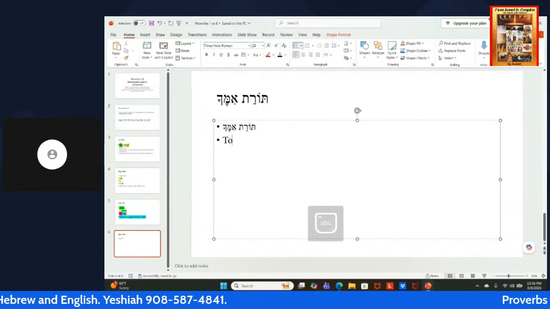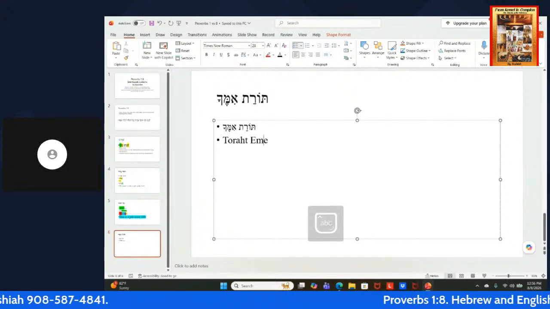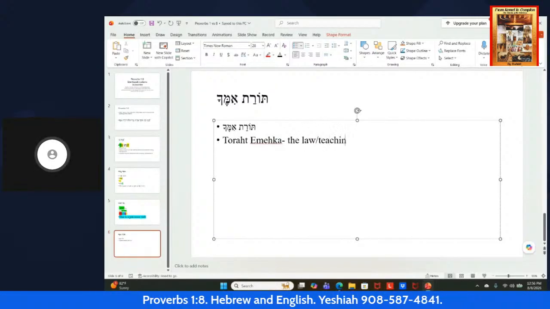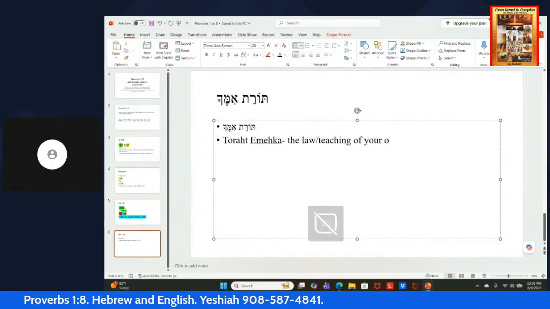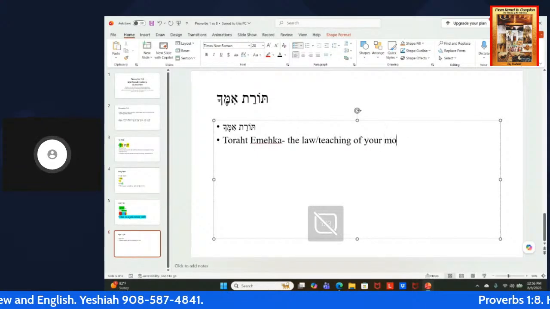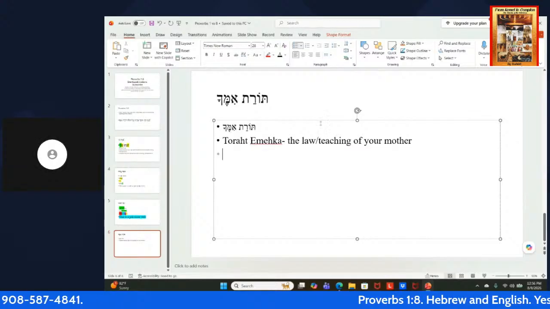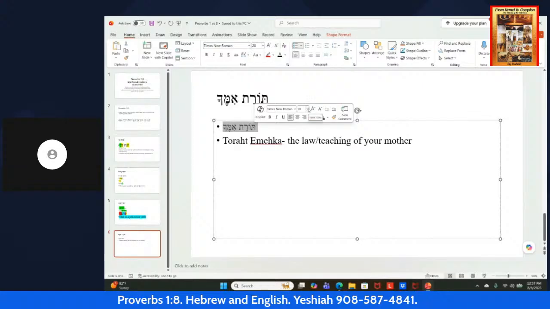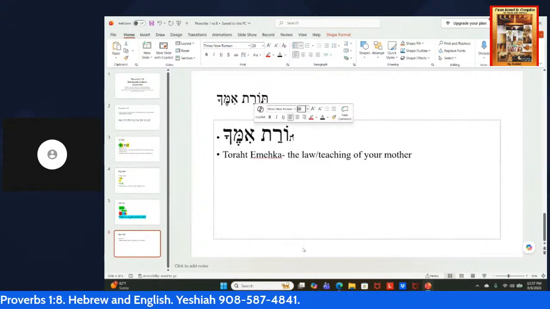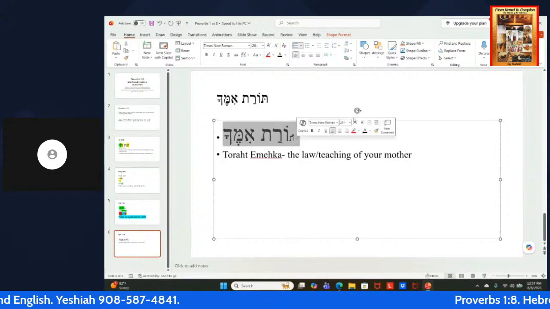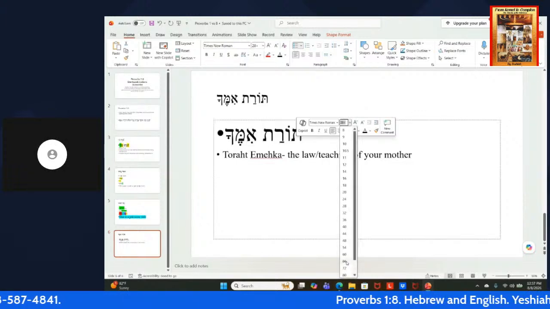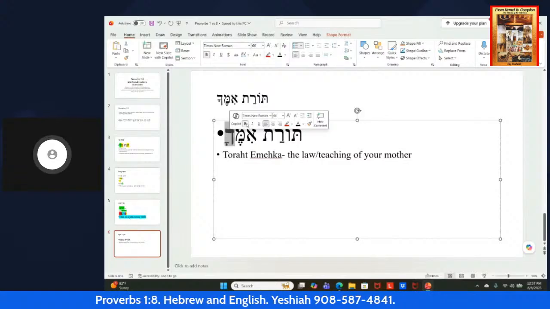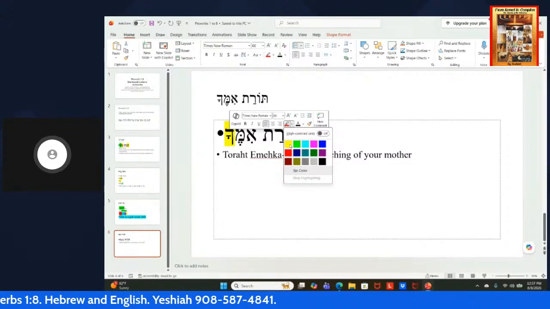Torat imeka means the law, teaching of your mother. Now, as we pointed out earlier, let us color code that in the yellow.